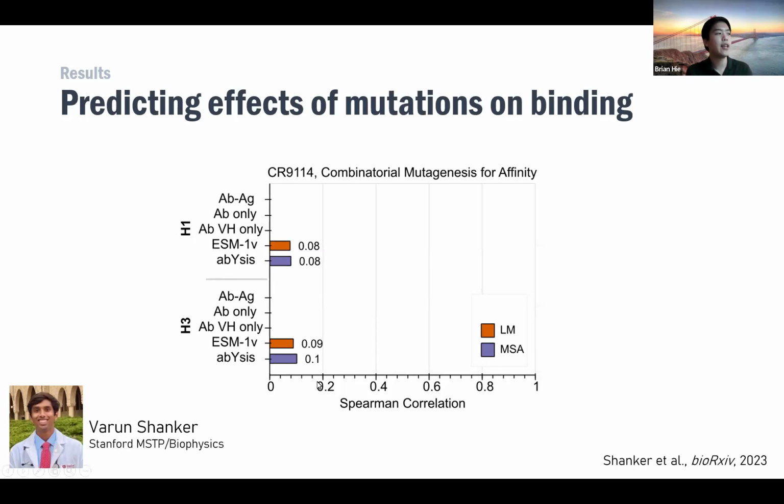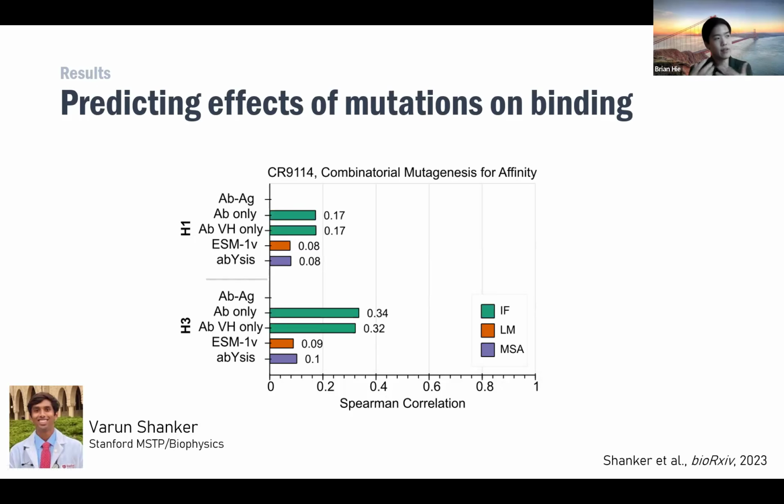If you take the likelihoods of a sequence-only language model or multiple sequence alignments of antibody sequences, the likelihoods under these models don't correlate very well at all with the actual experimental binding affinity of these various mutations when they're tested against these hemagglutinins.